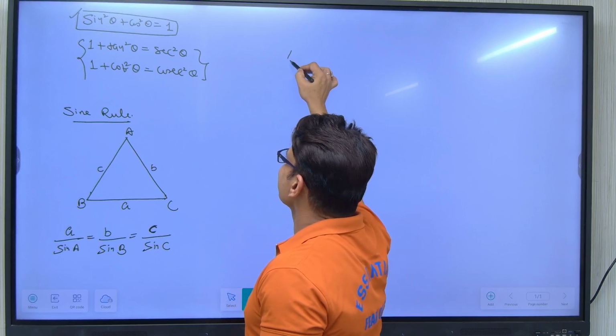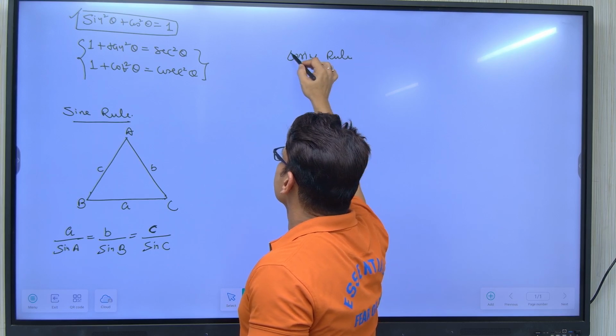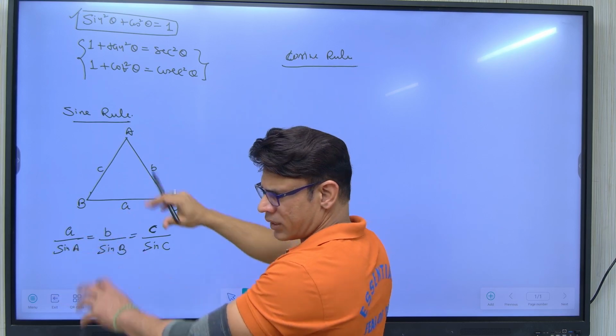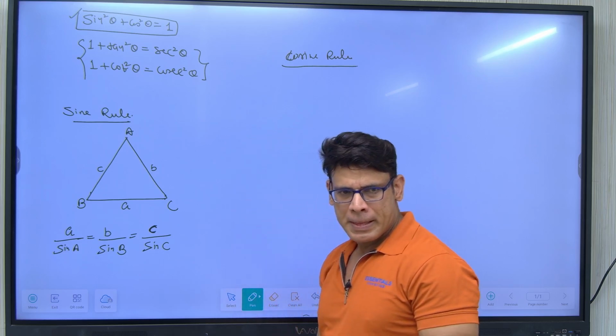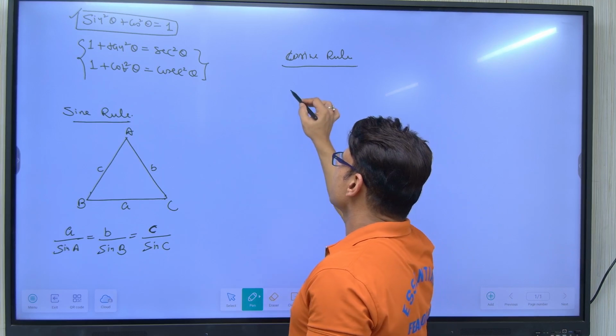Then is cosine rule. Same triangle, right? Cosine rule will have three angles.